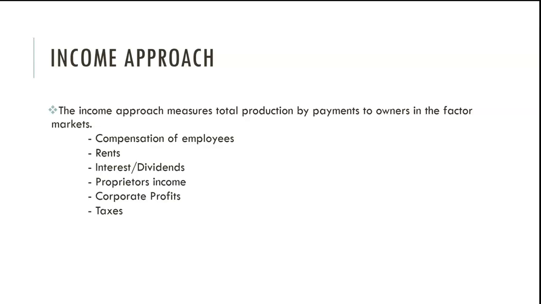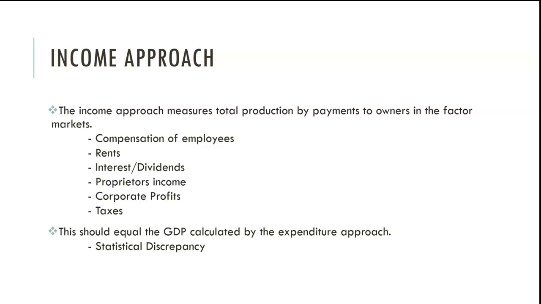Taxes also count in the income approach because taxes become the revenue of the government or the income of the government. So the income approach should equal the GDP calculated by the expenditure approach. There's going to be some statistical discrepancy, but generally they should be similar numbers. Also, the income approach often ignores the consumption of fixed capital or depreciation.